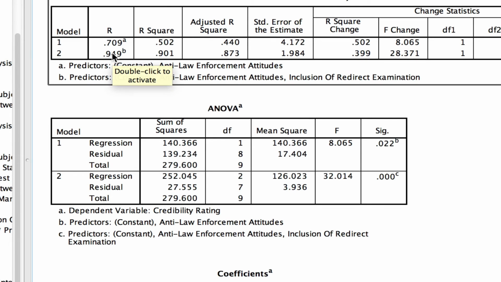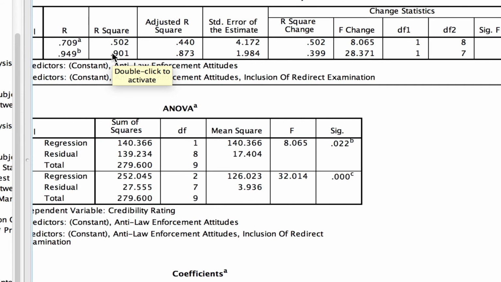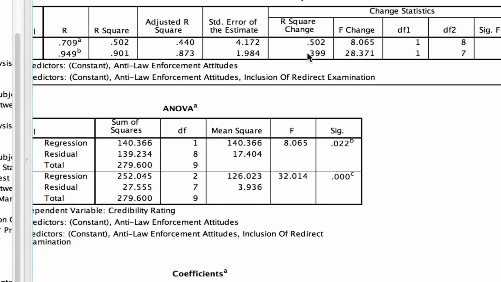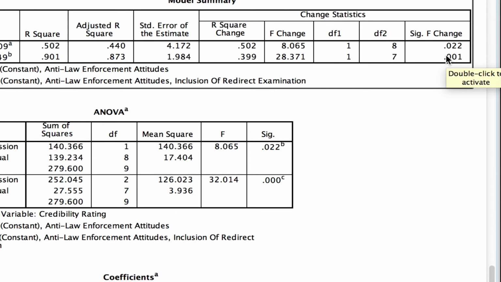In terms of our R squared change, we see that our model with just our covariate in was just about significant, but what we look at with this is the change in R squared after our independent variable contributes about 40% unique variance, and that increase in variance is significant at 0.0001.